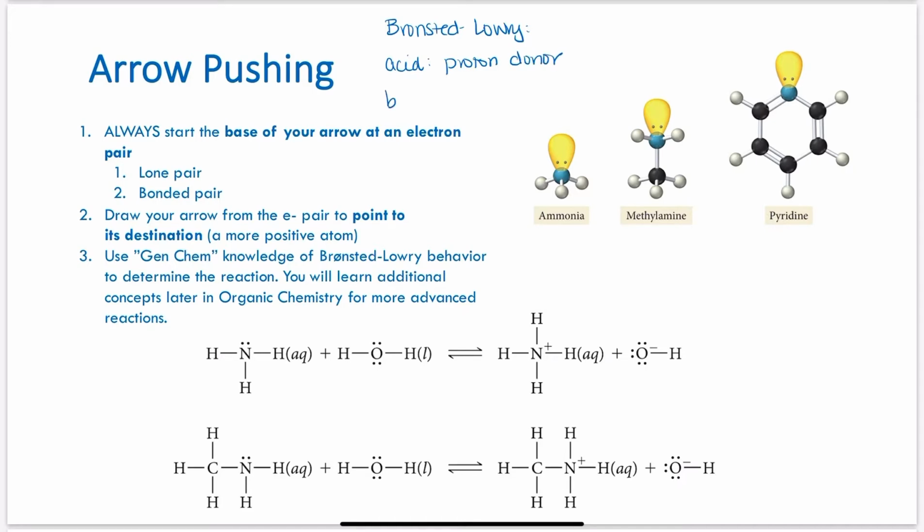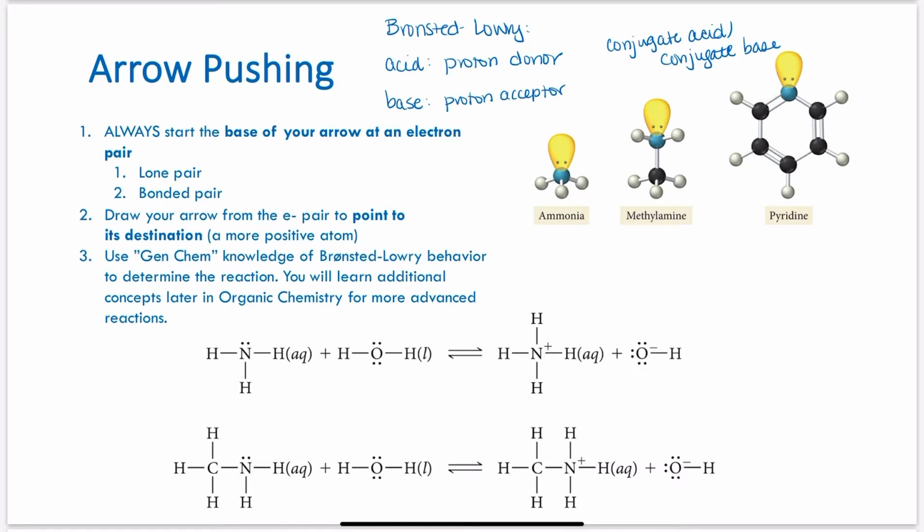A Bronsted-Lowry base is called a proton acceptor. And this is where we saw this concept of a conjugate acid, conjugate base coming into play. That concept is still vital for our understanding of acids and bases, and we're going to actually use that to help predict the strength of acids in the very next module.